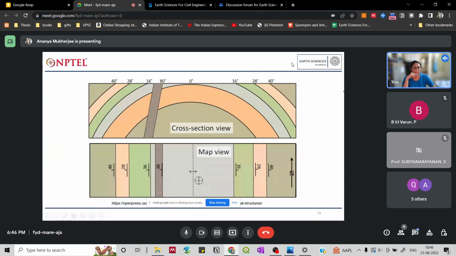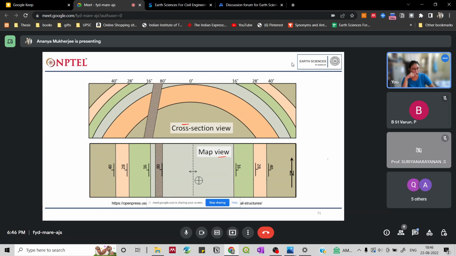Now these are some exercises for understanding how to plot the strike direction and the dip direction of a folded structure. Over here we can see two views. The top one is the cross sectional view and the bottom one is the map view. What is map view?